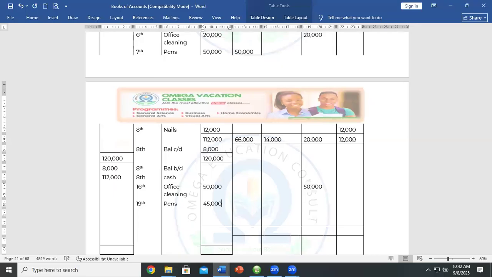Yes, the money can still pay for it, right? So traveling, 25th, 16,000.